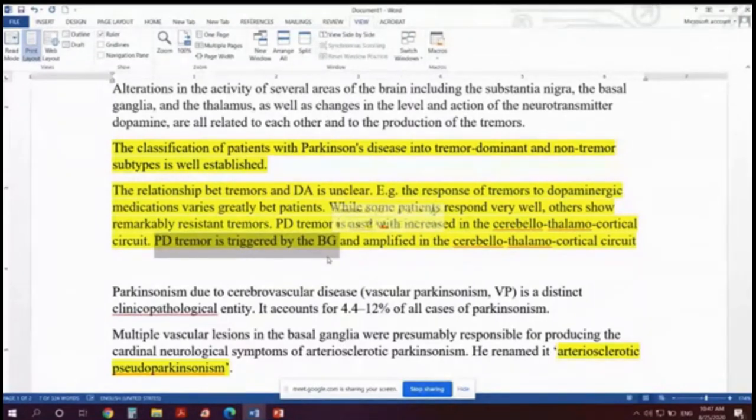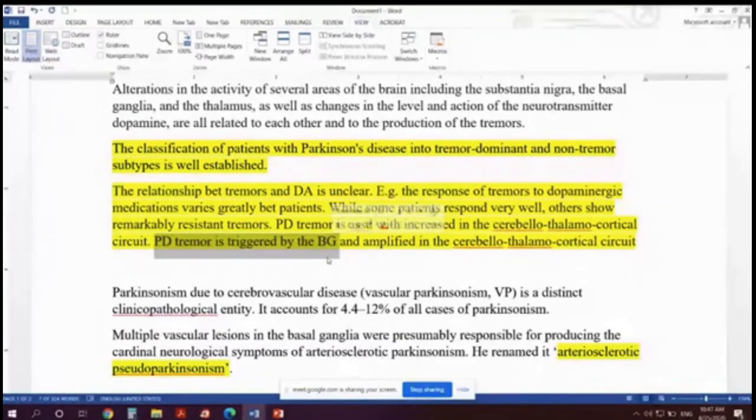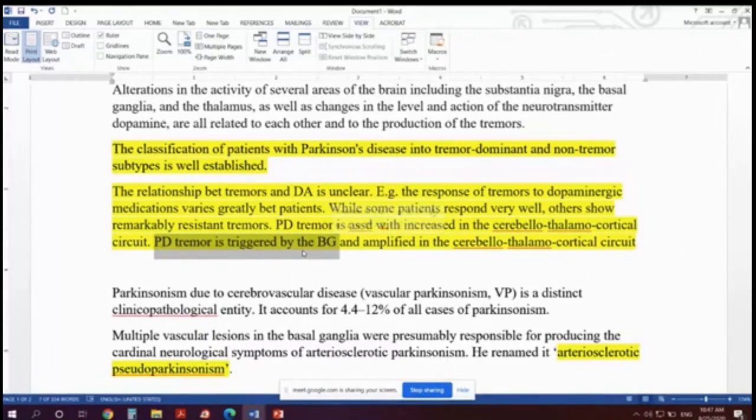Then we depend on the balance between the cholinergic and dopaminergic activities, right? Can you hear me? Yes, doctor, we are following. So if the patient with Parkinsonism still has remaining basal ganglia neurons, they can still initiate movement. And here the cerebello-thalamo-cortical circuit is actually associated with what's called action tremor.